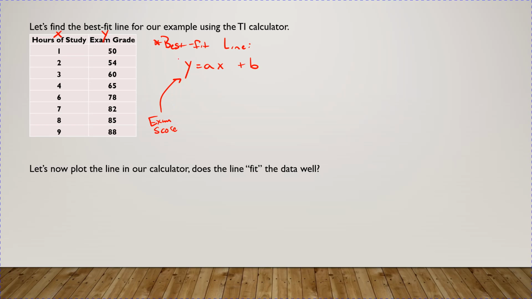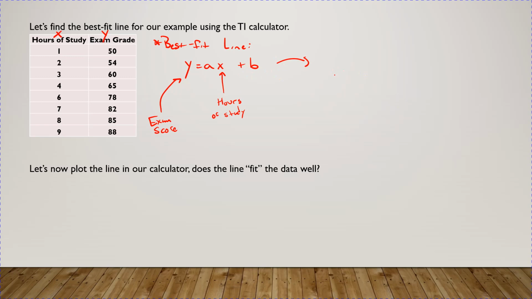So this equation is saying your exam score is equal to some value a times the hours of study that you put in plus some value we call the intercept, b.